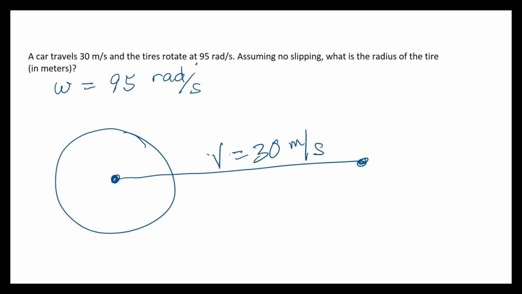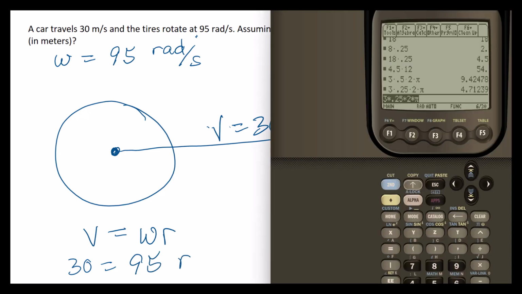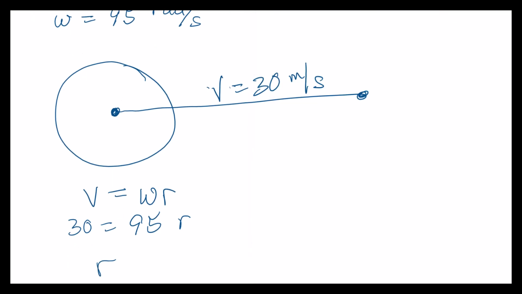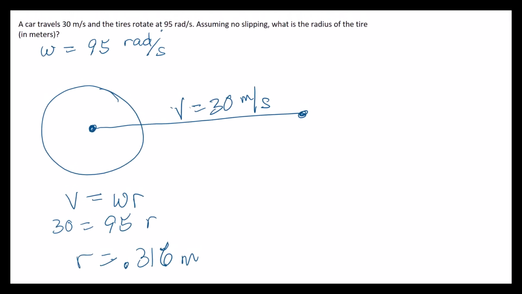If the velocity is 30 meters per second, and I know how fast the tires are rotating, then again, V equals omega R. So I have 30 equals 95 R. 30 divided by 95 is going to give me 0.316. So I have a radius of 0.316 meters, and that would be the radius of the tire.